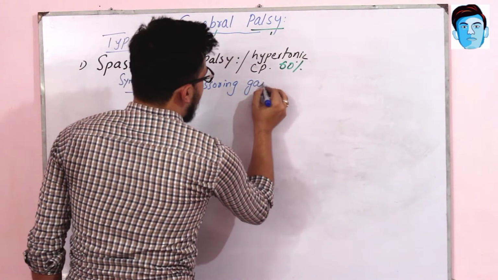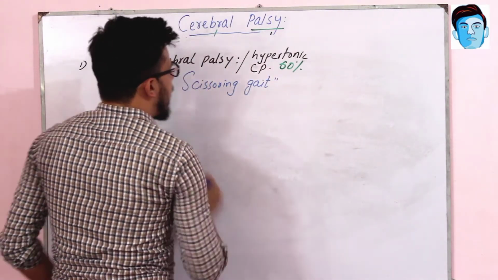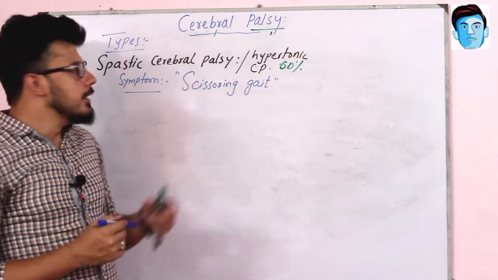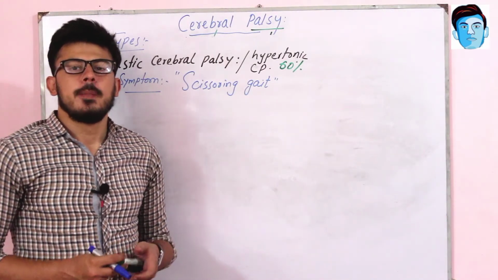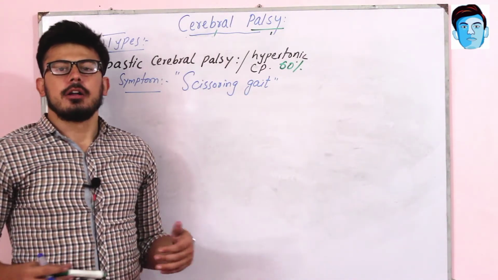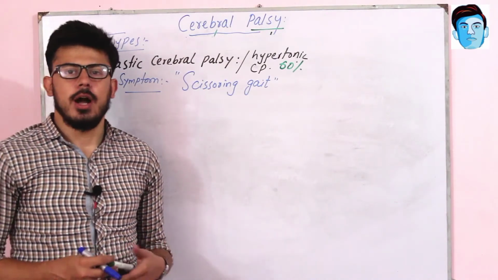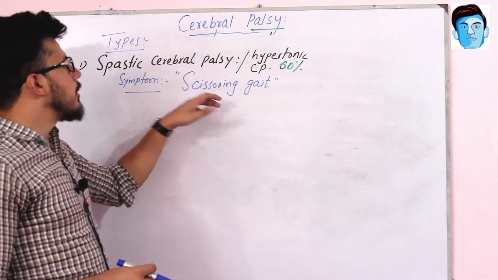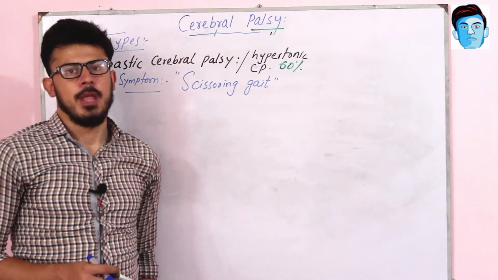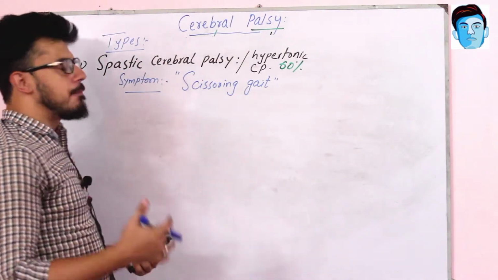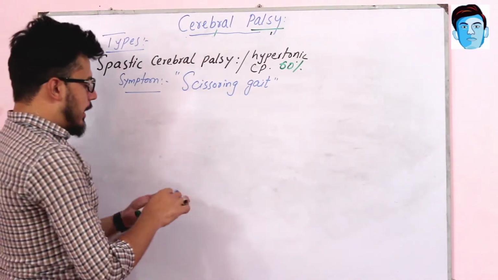Now in scissoring gait, the knee and thigh are pressed together. They come toward each other while one is walking. So it is the most important feature related to spastic cerebral palsy. Let me write it.